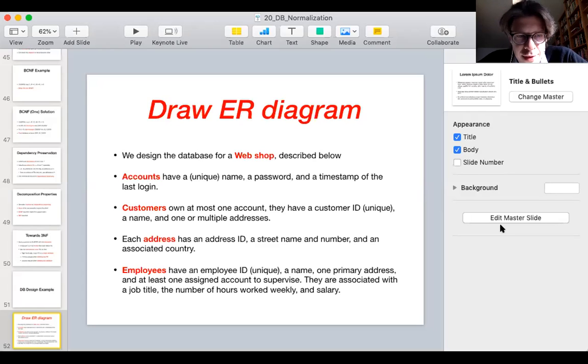So yes, I mean, here I would probably represent it as one entity connecting to another entity, employees to accounts.